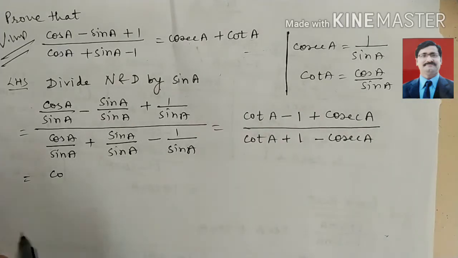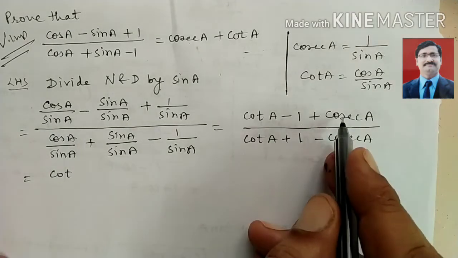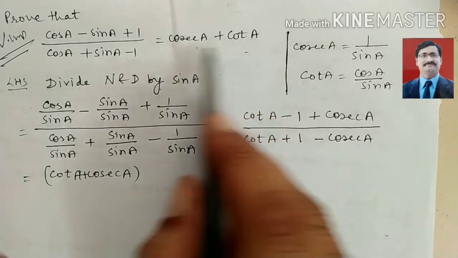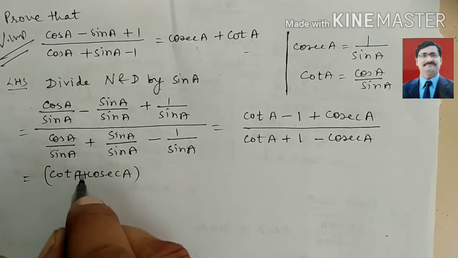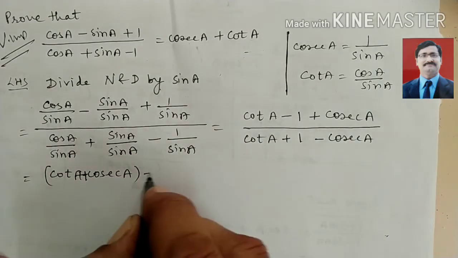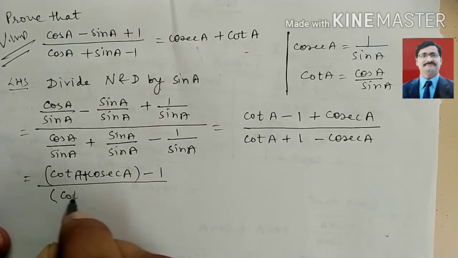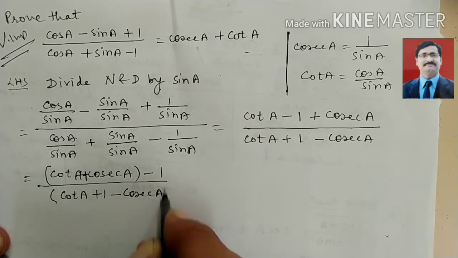Okay, so what will we do? Look here, cot A plus cosec A, cosec A plus cot A is our answer, so we keep this first cot A plus cosec A separate, and this minus 1 we write here. In the denominator you write as it is, cot A plus 1 minus cosec A. All of you understand this?